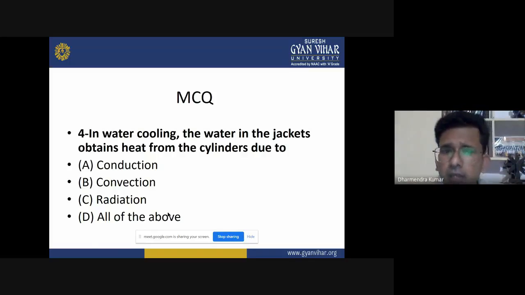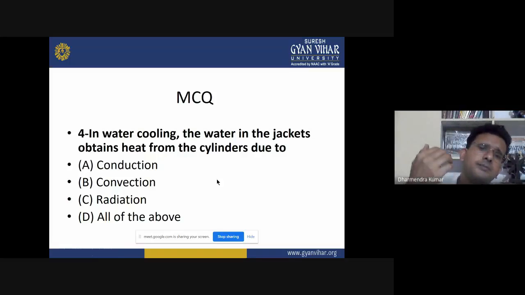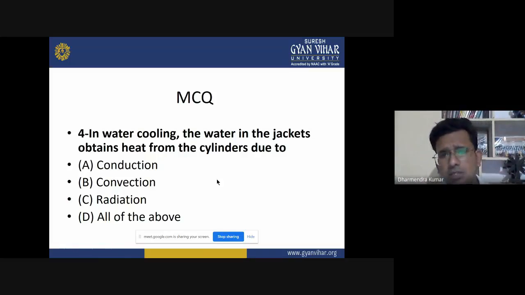So conduction is the only process used as the medium to transfer heat from the cylinder to the water jacket around the cylinder.